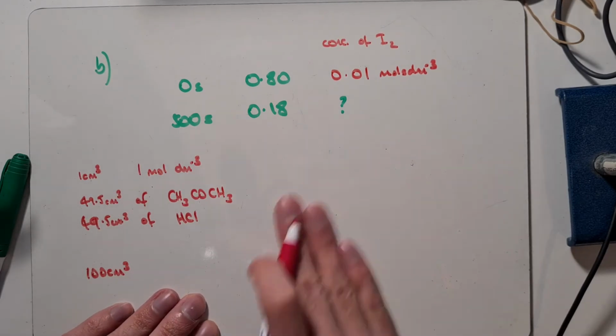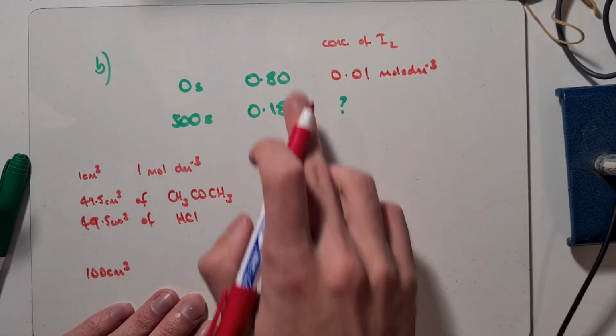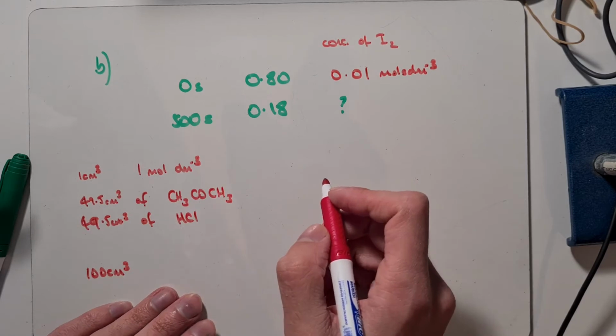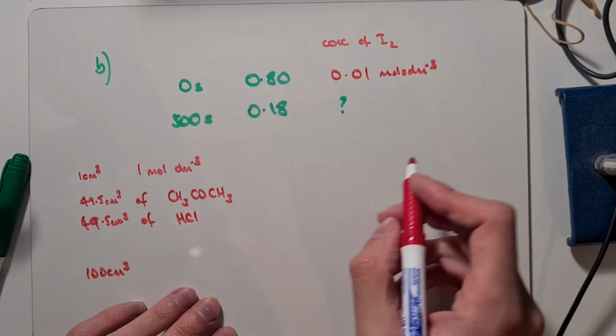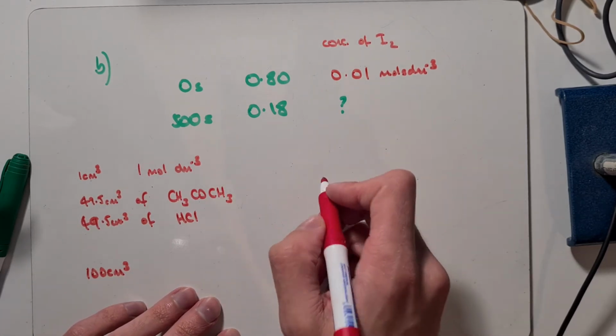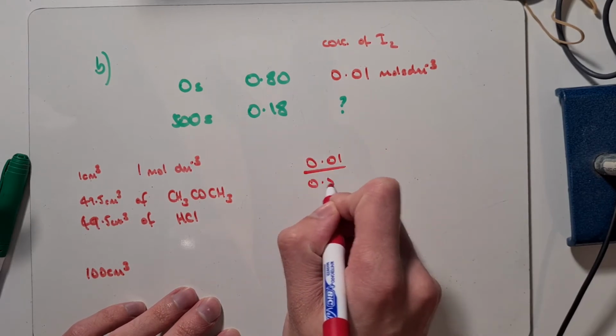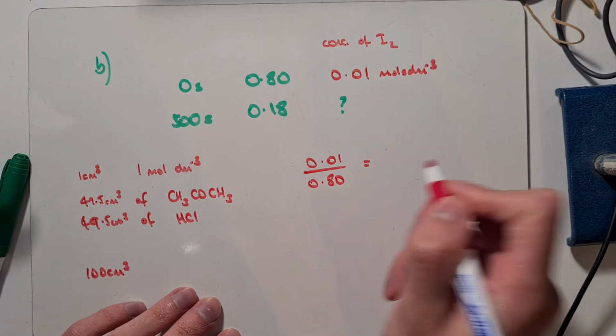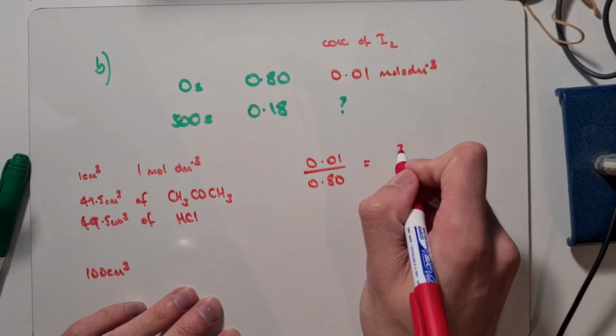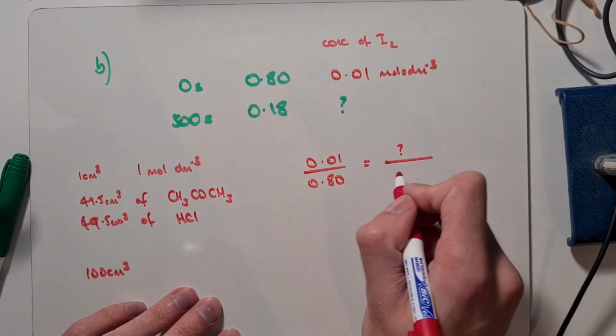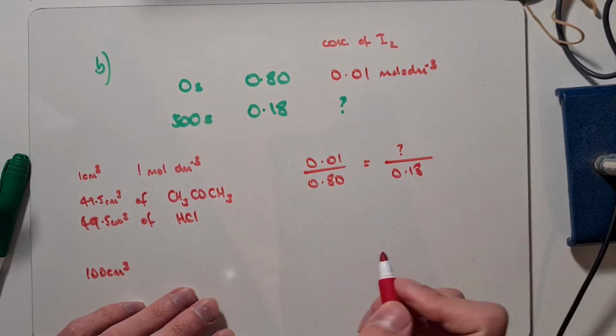In the second part, it tells us it's proportional. One way we can look at this is, if it's proportional, then 0.01 over 0.80 will equal our missing concentration over 0.18.